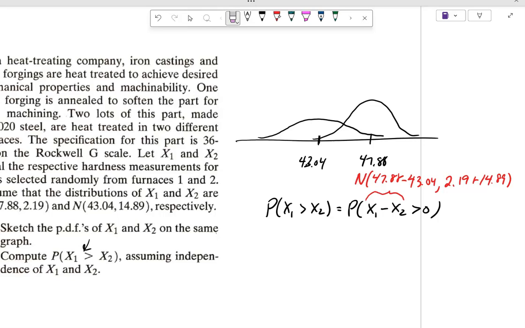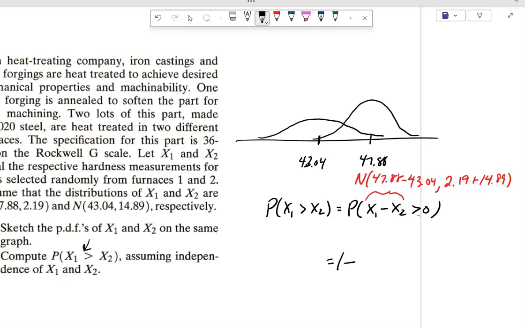Now I have the mean and I have the variance of a single normal random variable. Do you know how to solve this problem now? Yeah, take a z-score, right? Right. So what do we get? Well, first I've got a greater than problem, so I would do 1 minus that, right?